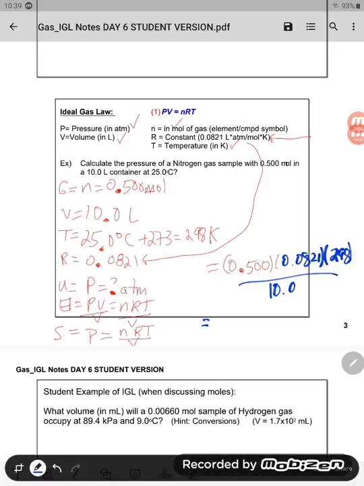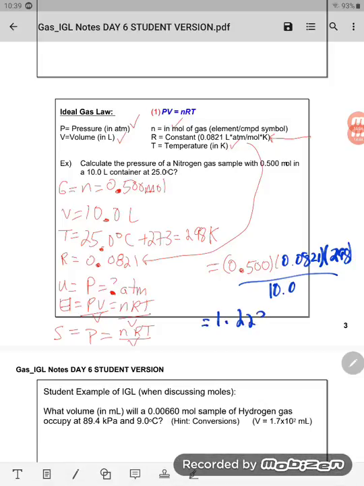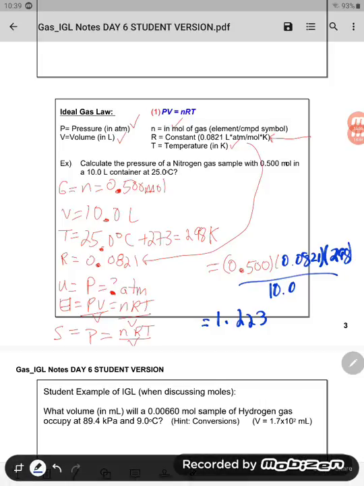Plug everything into our calculator, and it comes out to 1.223. Please make sure you are pausing the video after you get everything written down. I know I don't leave a lot of time between getting the equation written and typing it in the calculator, but please make sure you do that.